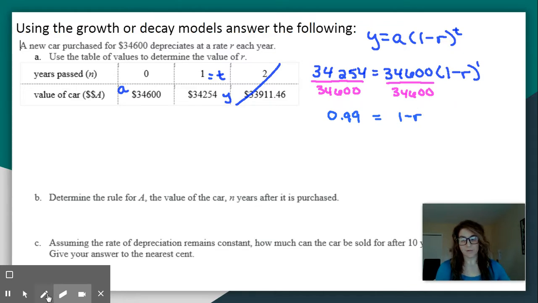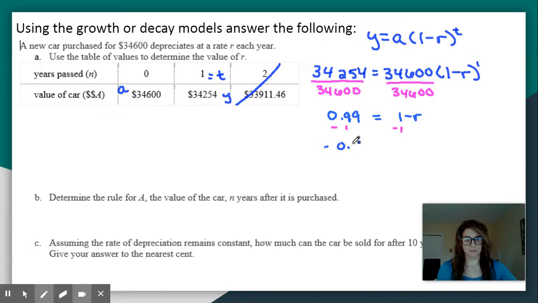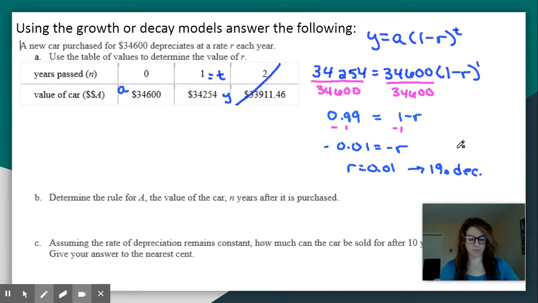We know how to solve for R. All right, minus 1. And then divide. So we get R equals 0.01 or 1%. So it's a 1% decrease. That one's not too bad.